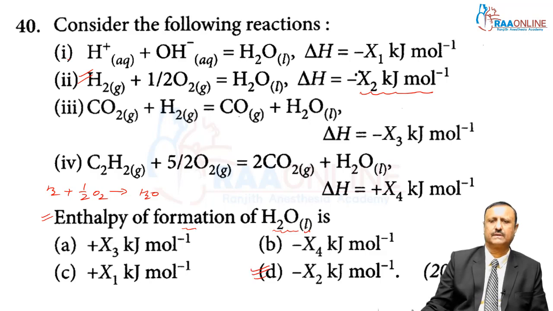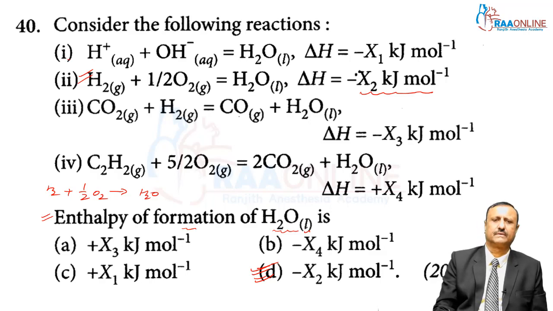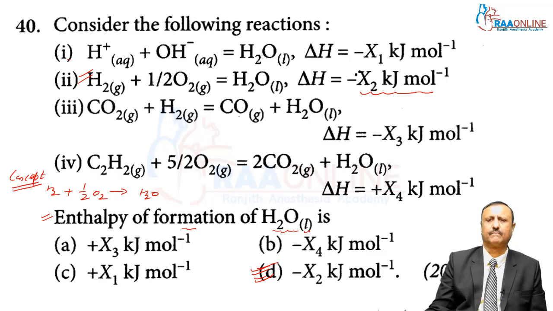So, your answer is D. It is a theoretical and conceptual question. So, my dear students, you clear your concept and theory, then you can get this type of questions, because these questions are asked in NEET exams. This was asked in the NEET 2007 exam.